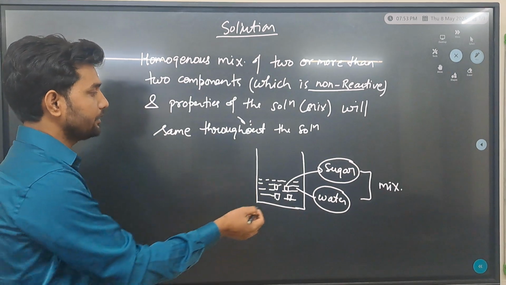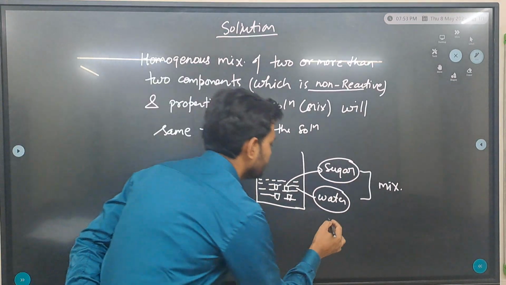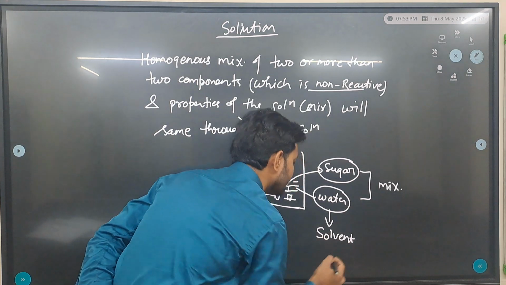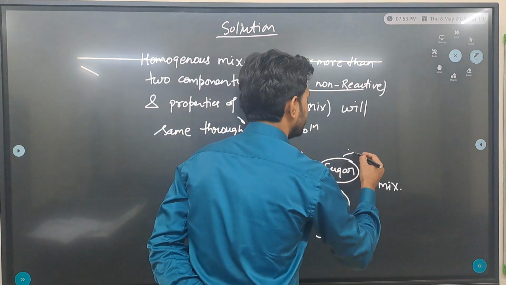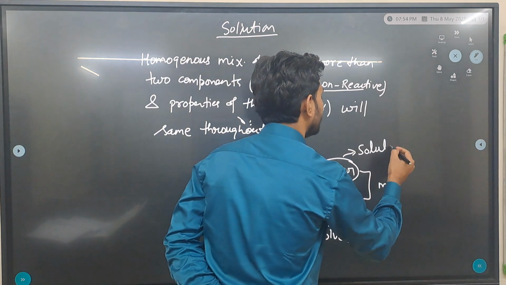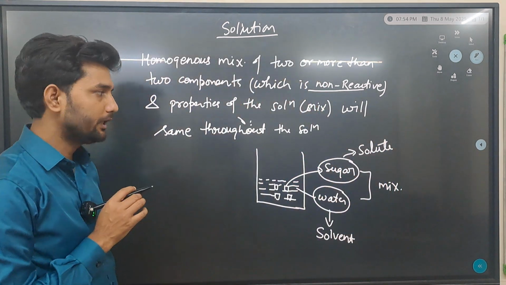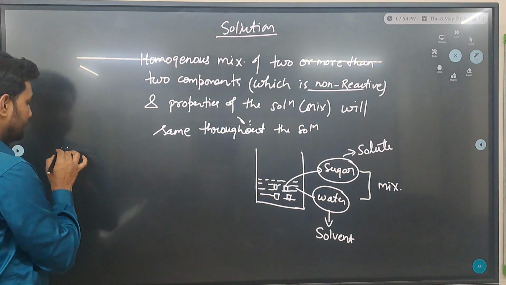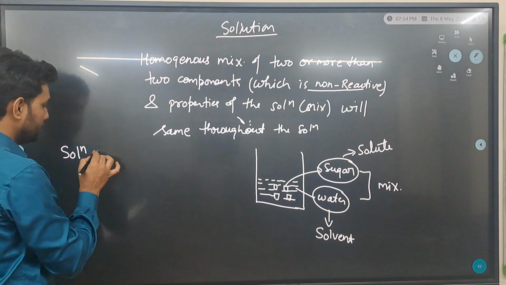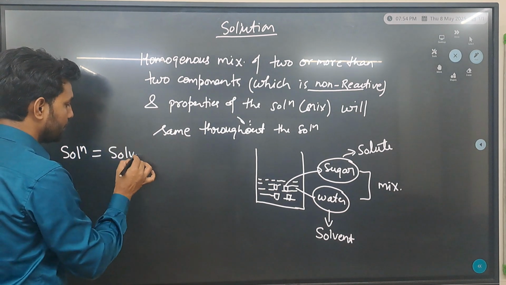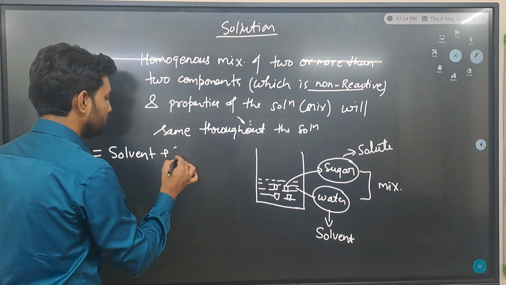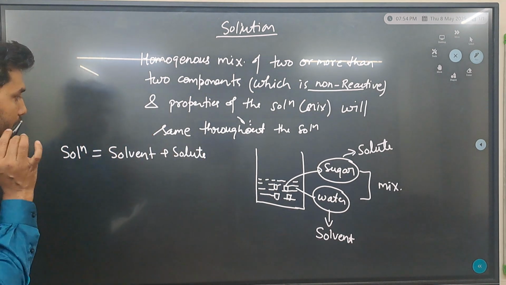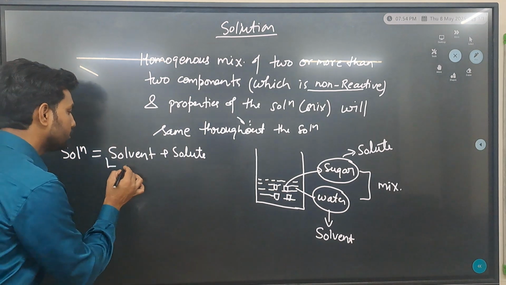In this case, water acts as solvent and sugar acts as solute. So the overall conclusion is that solution is equal to a mixture of solvent plus solute. Clear?